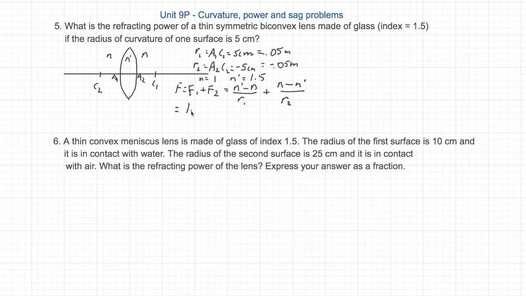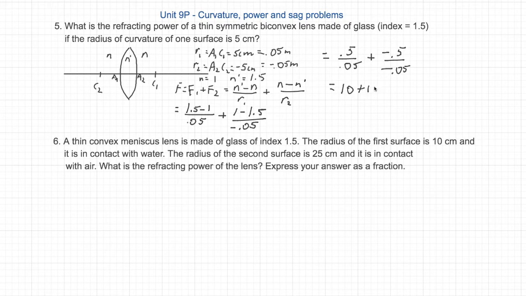So it's n minus n prime over r2. So we plug in our numbers, and we find that the power equals 0.5 over 0.05 plus 0.5 over 0.05, and it equals 20 diopters.